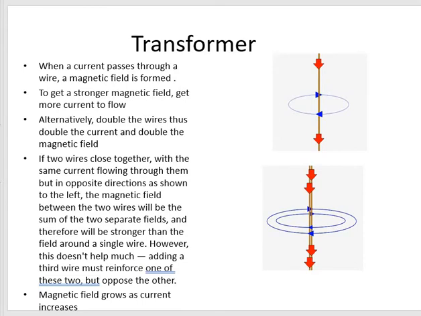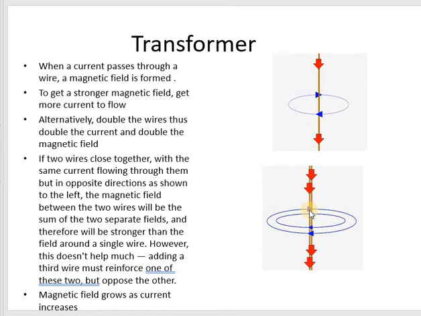The transformer does this by linking two or more electrical circuits and providing an oscillating magnetic circuit that is produced by the transformer itself.